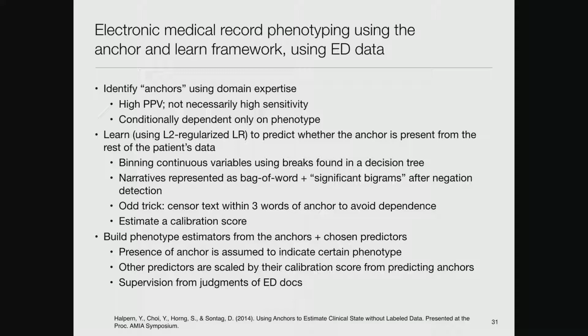You don't want to use a term like "sick," because that's going to find way too many people, but you want something very specific, with a high predictive value that you're going to find the right person. And then they built a model that tries to predict the presence of that word in the text from everything else in the medical record.